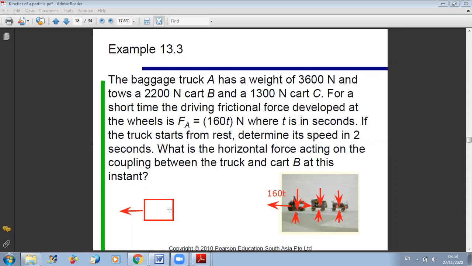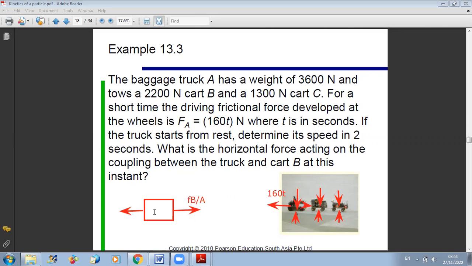However, when you take A alone, you should put the action of B on A. So this is F of B on A. And this is the second question. In the second question, they asked what is the force acting between the coupling of A and B, which is F of B on A, which is equal and opposite to F of A on B.